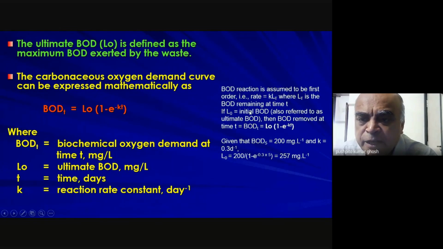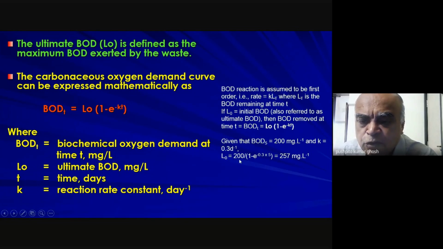So let's say the rate constant has been given: k is equal to 0.3 per day, and let's say my BOD value at 5 days I calculated is 200 milligrams per liter. So I'll put that in, and so I can derive L0.